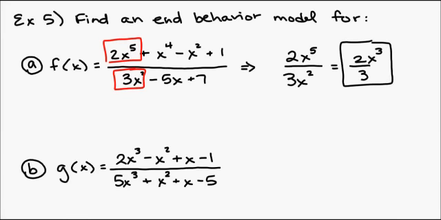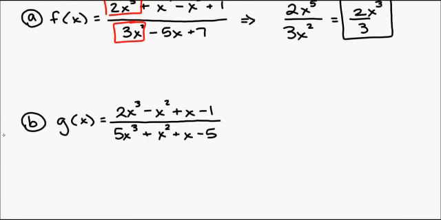So this is our end behavior model for this function. Okay, shortcut, very nice, very easy. Part B, g of x equals 2x cubed minus x squared plus x minus 1 all over 5x cubed plus x squared plus x minus 5. Again, we're looking for the terms with the highest exponent, so it's 2x cubed on top, 5x cubed on the bottom.